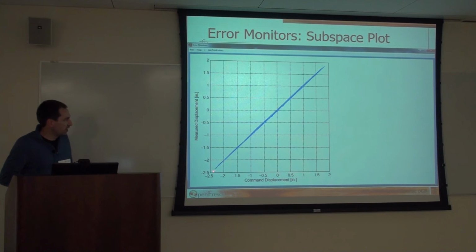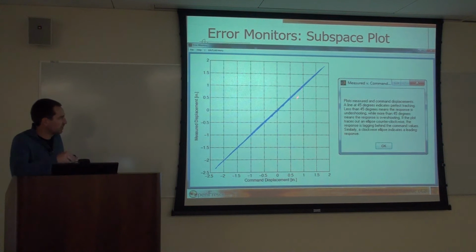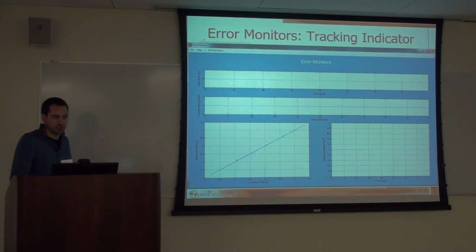Salim showed this. And if this is perfect tracking, you basically get a line at 45 degrees. And it's just a single line. But as soon as you start having errors, there will be some ellipse forming here, right? Or if you have overshoot or undershoot, this line will not be at 45 degrees, but going away from 45 degrees.